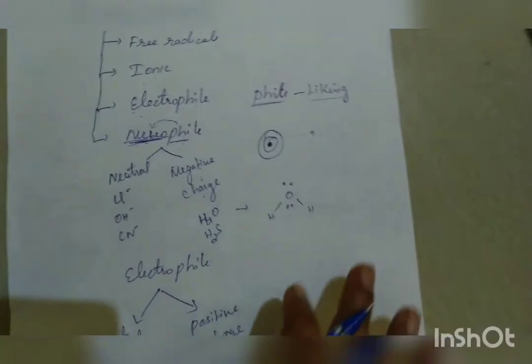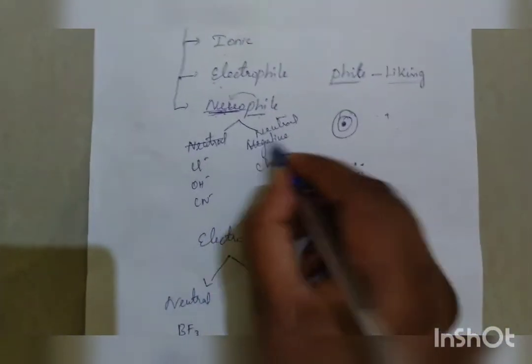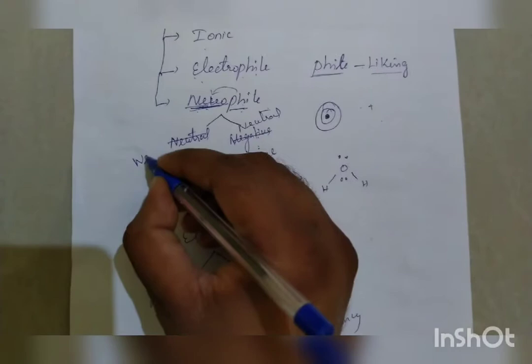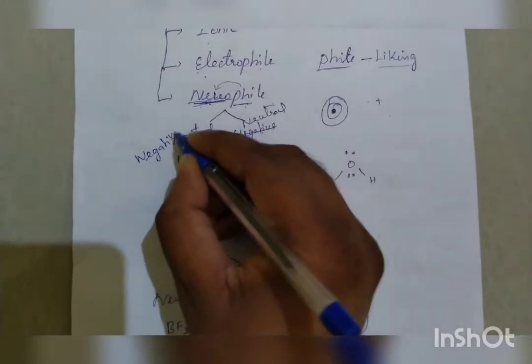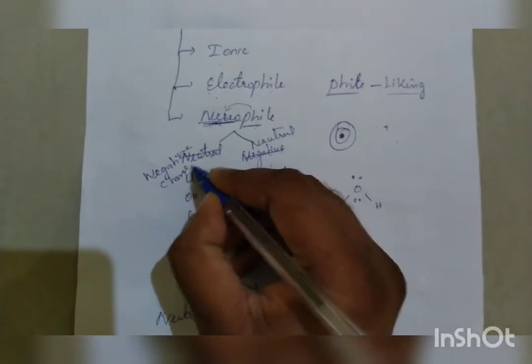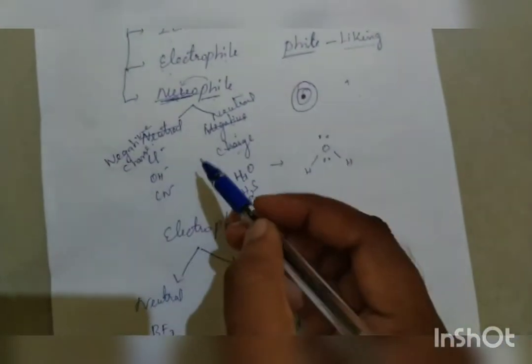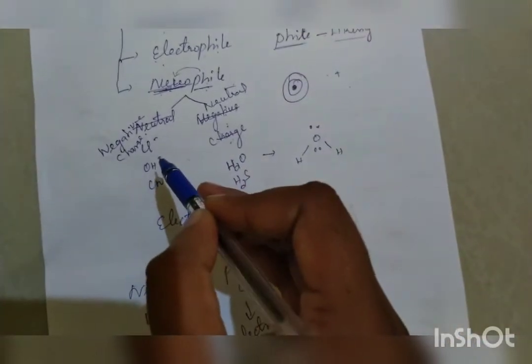Now we can see, this is one negative, this one is neutral. Negative charge means an electron rich species.